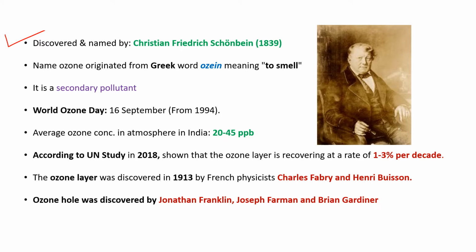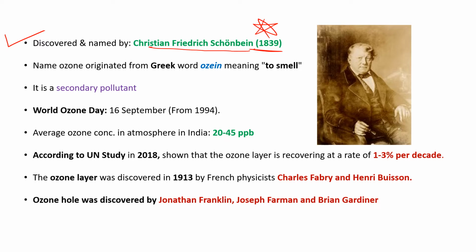चलिए अब डिस्कस करते हैं कि ओजोन की डिस्कवरी किसने की, नाम किसने दिया, इसकी नेचर कैसी होती है। सो हु डिस्कवर्ड द ओजोन गैस? So Christian Friedrich Schönbein in 1839 discovered as well as named the ozone. तो ओजोन की खोज किसने की और नाम किसने दिया? क्रिश्चियन फ्रेडरिच शोनबाइन in 1839.